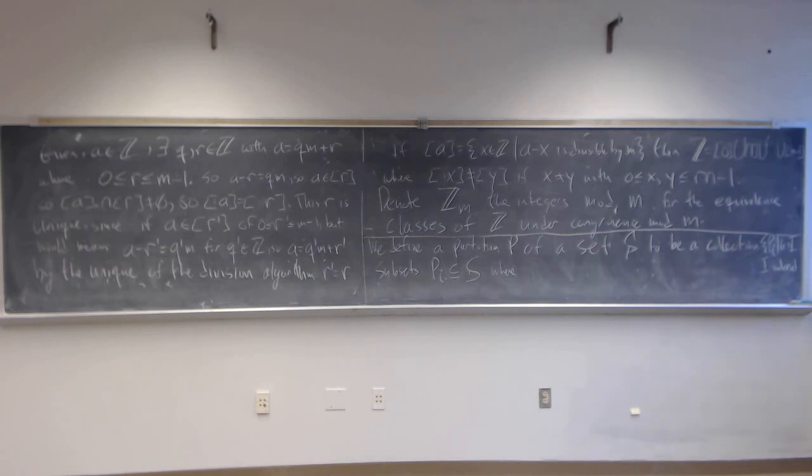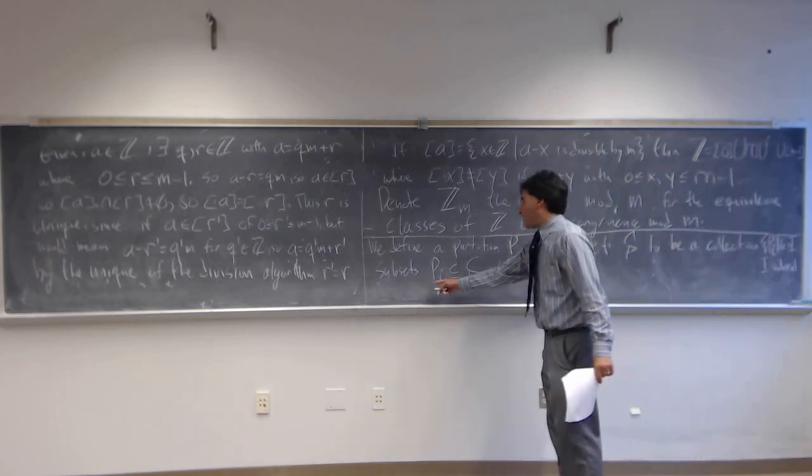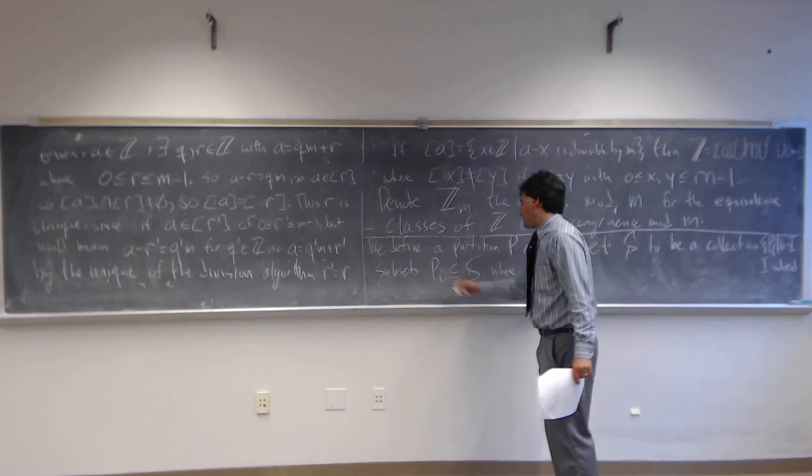So usually capital I can be like 1, 2, 3, just a way of labeling them. So each element of the partition is a subset of the set S.